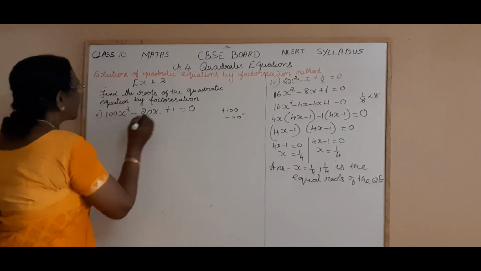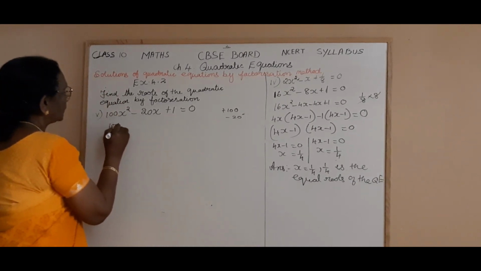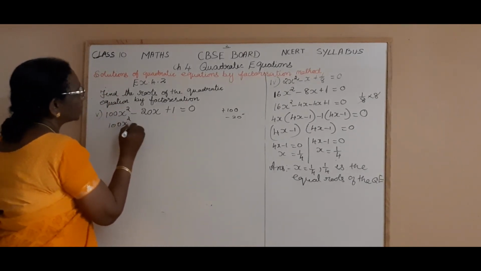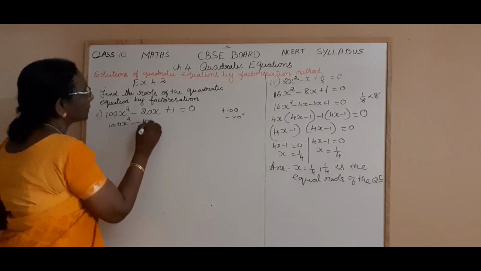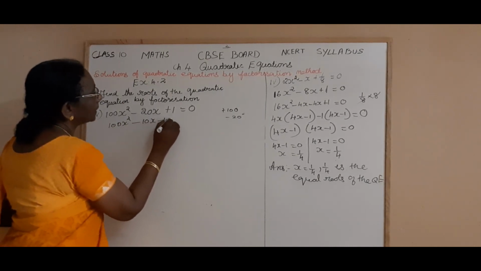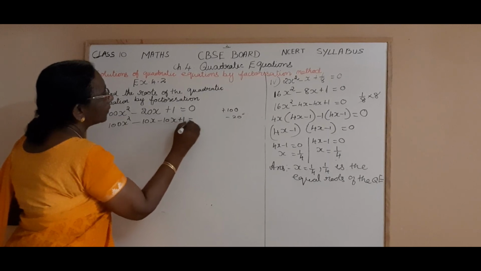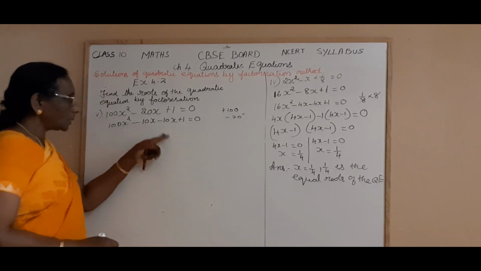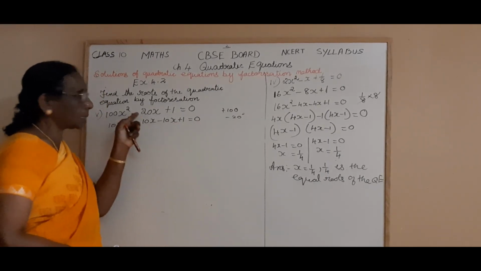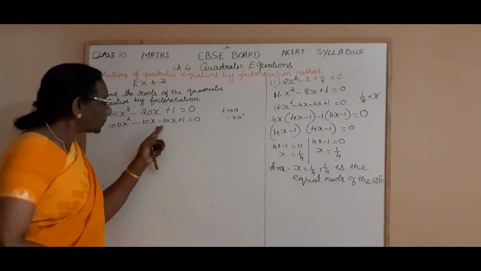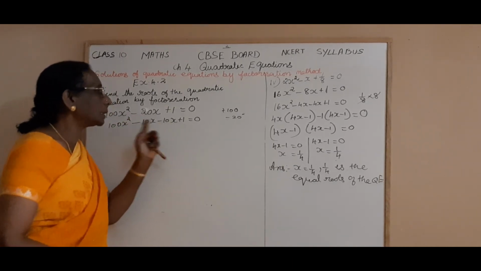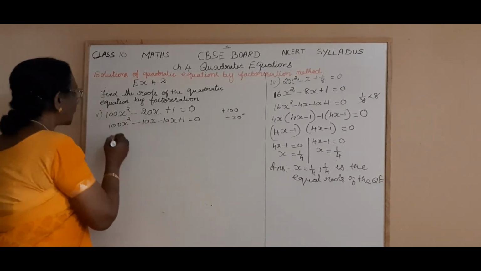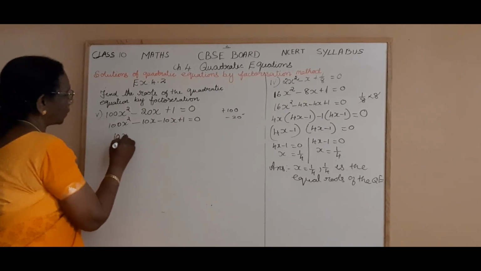So instead of minus 20x, you are splitting it as minus 10x minus 10x plus 1 equals 0. Isn't it? Because when you add both, you are getting minus 20. When you multiply both, you are getting plus 100. So what is common? 10x is common.